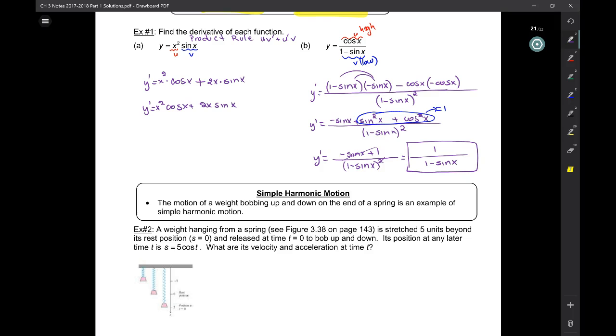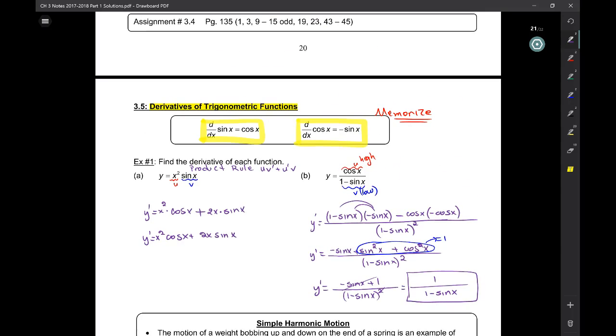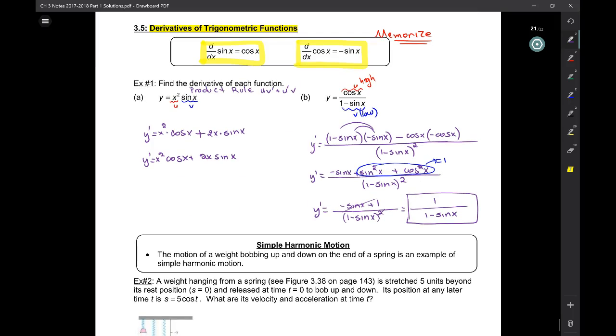Okay? So what we learned that was new today was the derivative of the sine and the derivative of the cosine. Aside from that, the procedure was not new. It was from 3.3. The product rule and the quotient rule were not new.